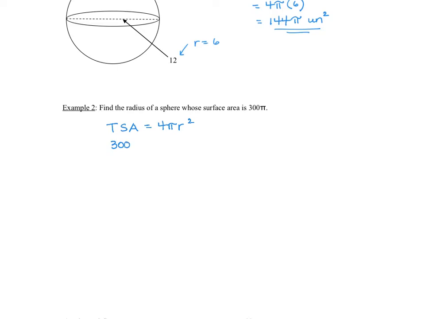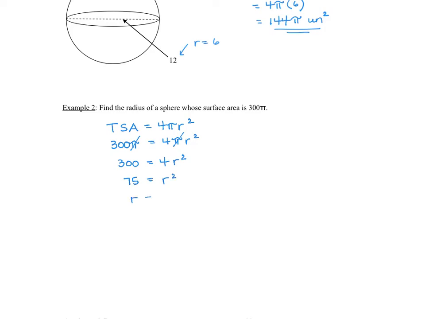The total surface area is 300 pi. And when I start to solve, I notice there's a pi on both sides, so they get eliminated. When I divide both sides by 4, I'll get 75 is equal to r squared.